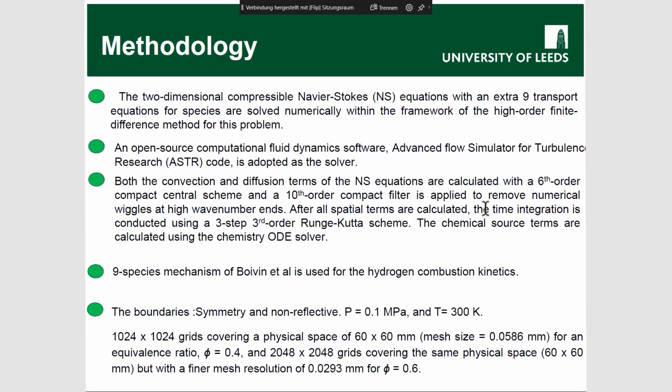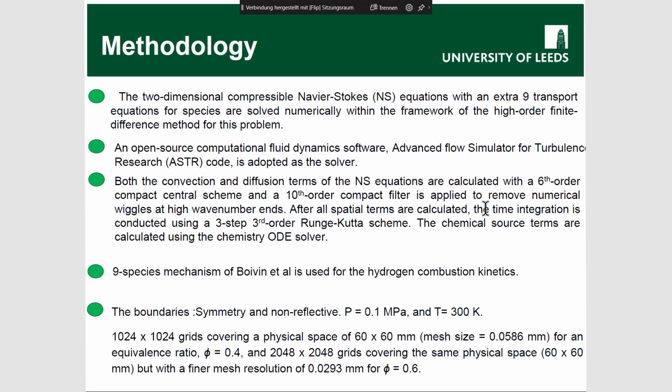About the methodology: as I said just now, we use the two-dimensional compressible Navier-Stokes equations with transport equations for species, solved within the framework of the finite difference method.